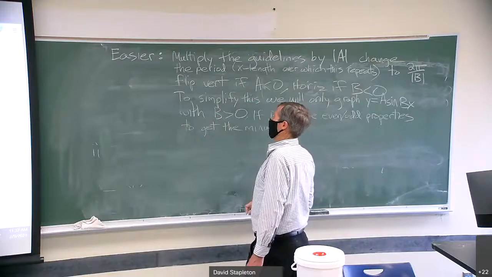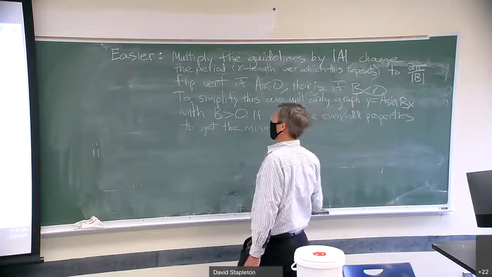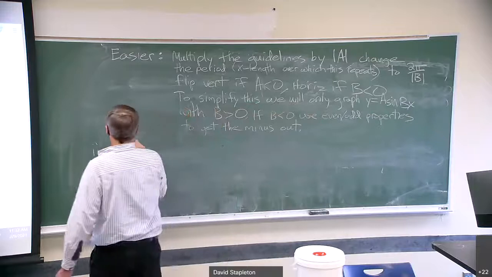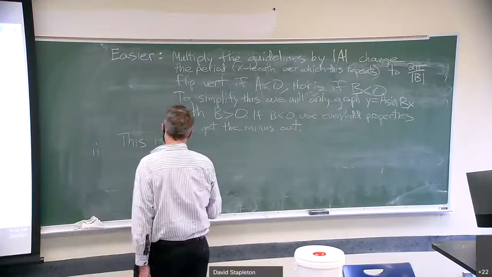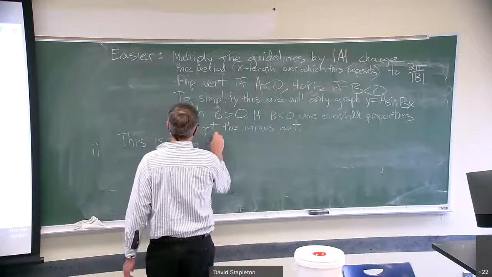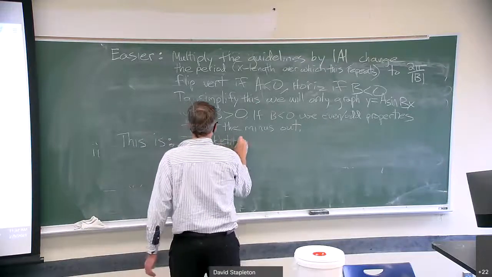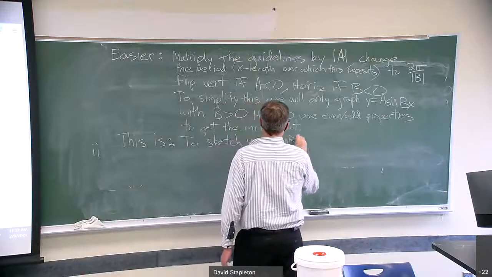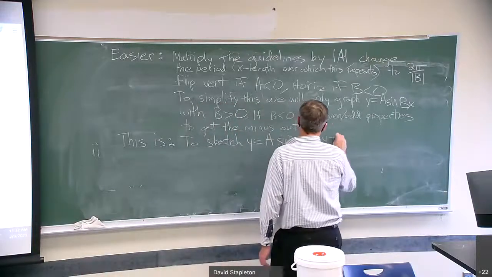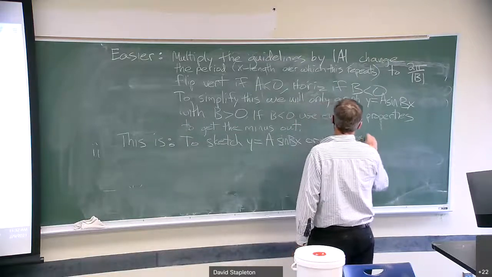All right, so now we have our graphing strategy. This is the graphing strategy then, to sketch y equals A sine Bx or y equals A cosine Bx.